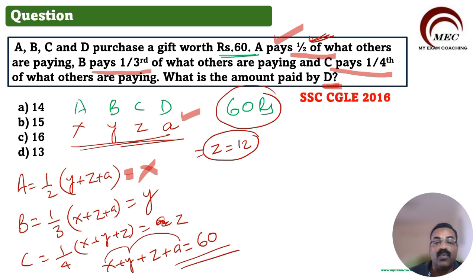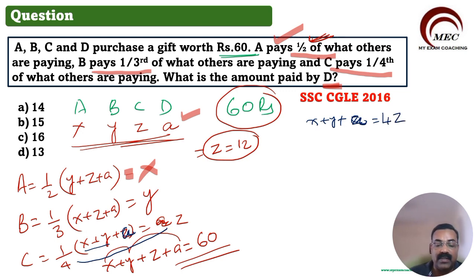We have X plus Y plus A, and when you cross multiply, it will be equal to 4Z.